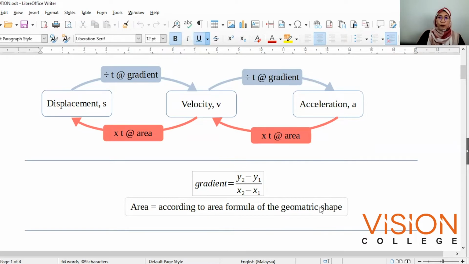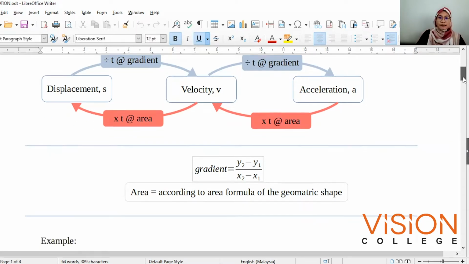If it's a square or a rectangle, it means width times length, and so on. So you have to look at the geometric shape. If it's a trapezium, you have to follow the formula for the area of a trapezium. For gradient, we use the same formula, but for the area, it depends on what shape it is.